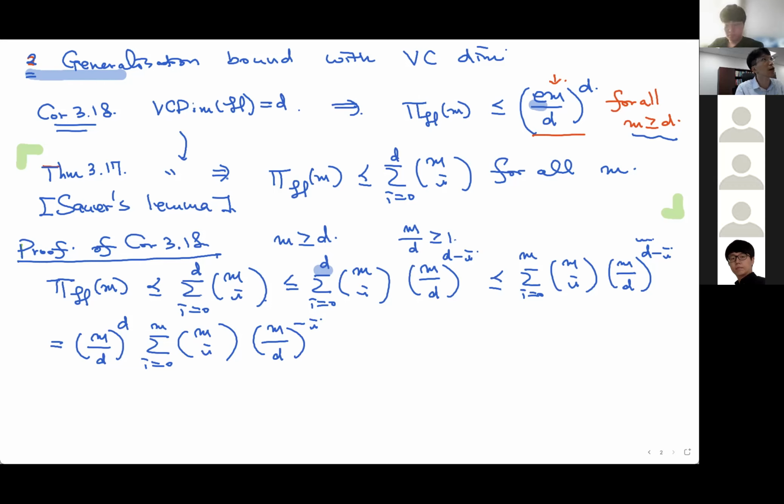If you compare what we have here with the quantity that we are really aiming at, it's pretty similar, except that we have an e to the d. So if we can show this summation part is bounded by e to the d, then we are done. That's also not very difficult to do, because all the additional approximation or loosening of the bound is there to make the formula have a nice form, and this will actually have a very nice form.